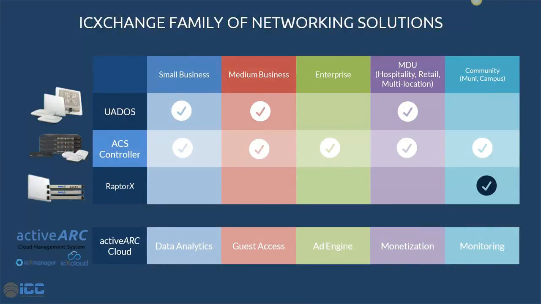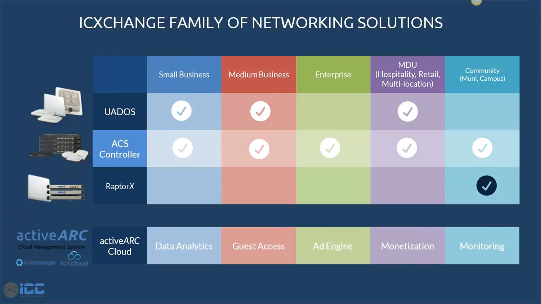So as we jump into things here, you'll see that our product line is actually divided into really 4 primary sections. There's the unified access device section, which typically is an all wireless kind of environment. The access control system, which is a premise-based controller that can also be virtualized, sit at a data center, or sit on-prem at the customer environment.